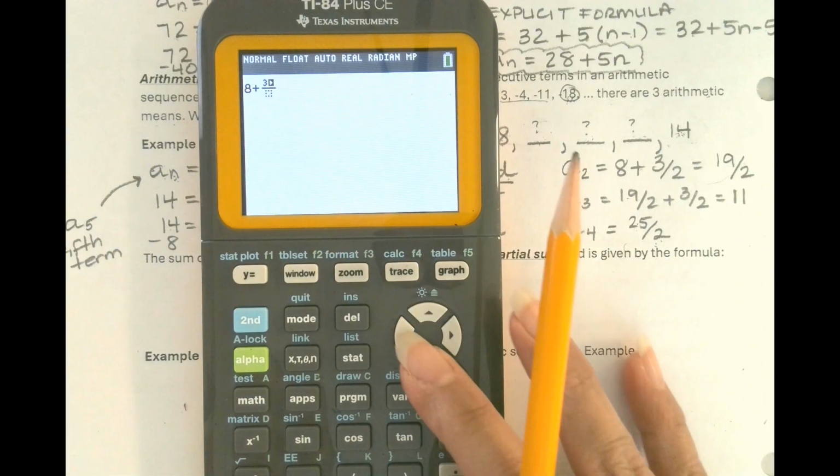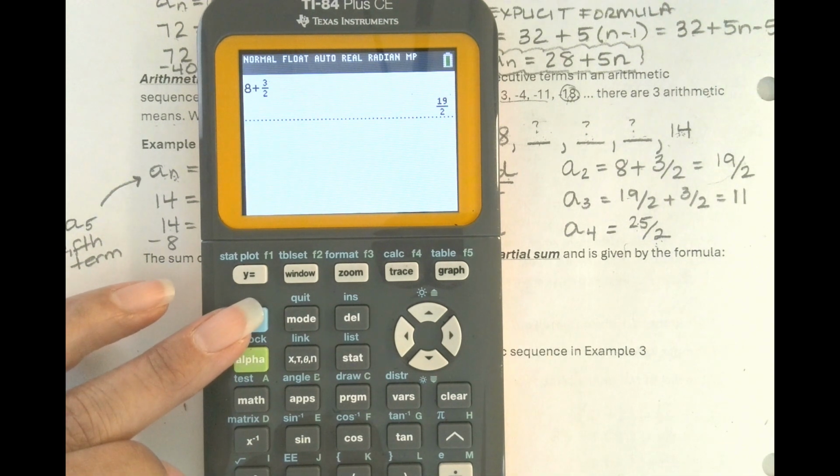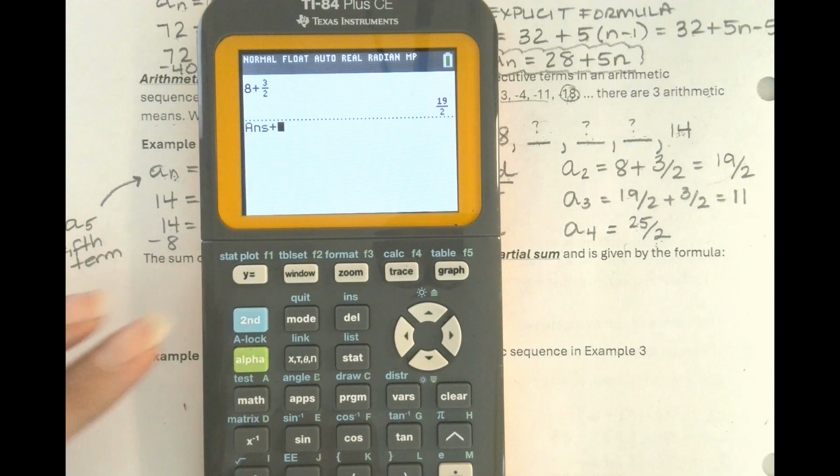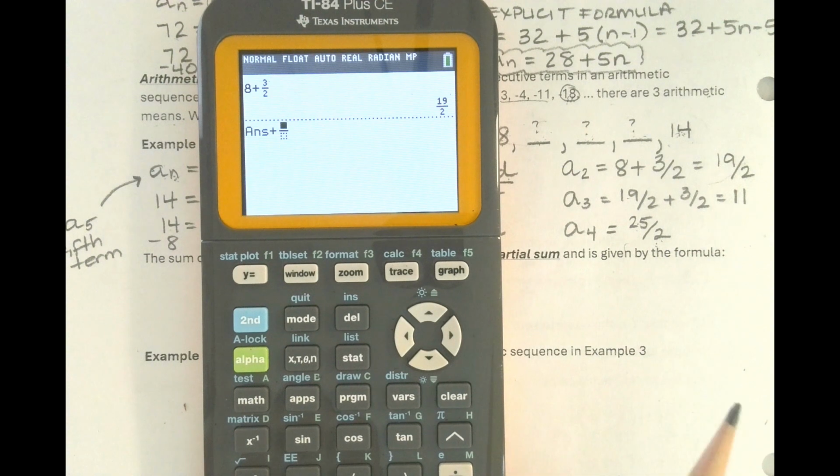3 over 2. And then you repeat the process by saying, take the previous answer and add 3/2. So all I did was hit the plus sign, so that the ANS comes out.